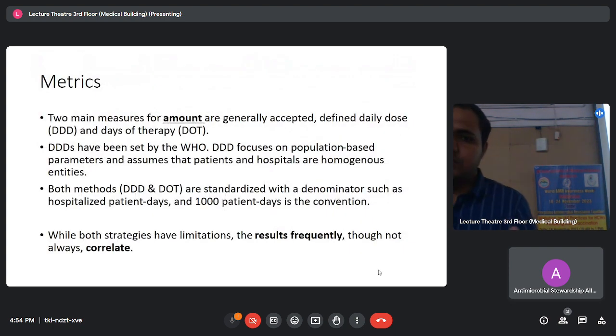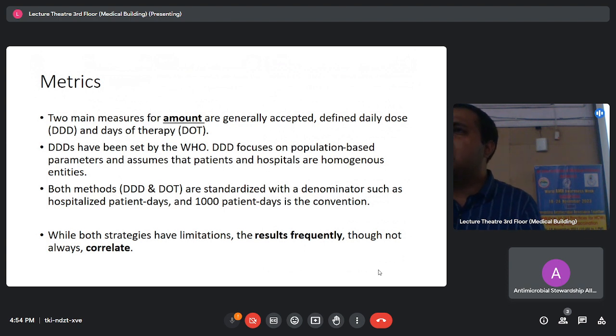So what is DDD? There is a classification known as ATC, the anatomic and therapeutic chemical classification of the drugs. It classifies drugs on the basis of what organ they act upon, that is anatomic, then their pharmacological use or class, that is therapeutic, and their chemical structure.